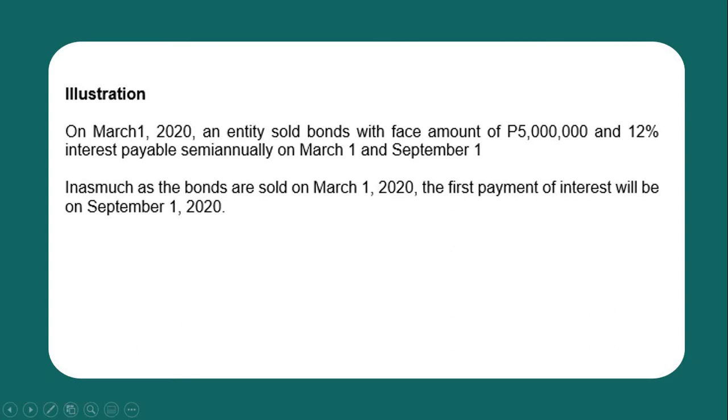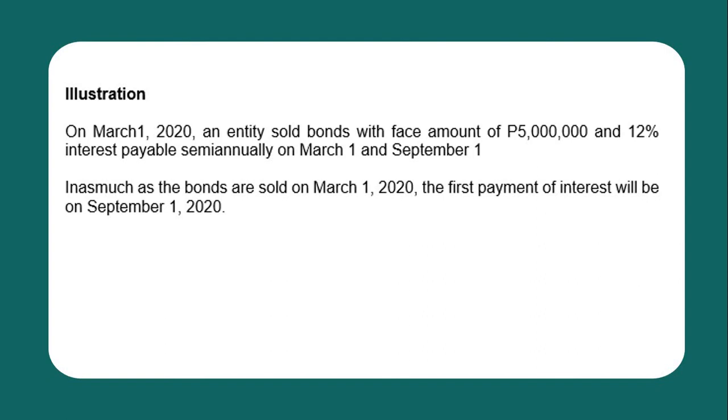So, take note that this 12% is an annual rate. So, since ang September 1, ang madawat lang nato sa September 1 will be semi-annual interest lang niya. So, meaning half a year lang. So, kaning 12%, 6% lang usa ang madawat nato on September 1. So, 6% times 5 million, that is 300,000. The other 6% will be received on March 1 the following year.